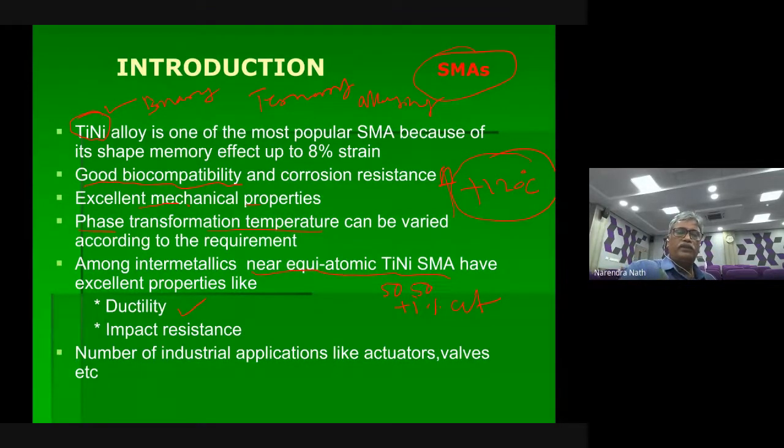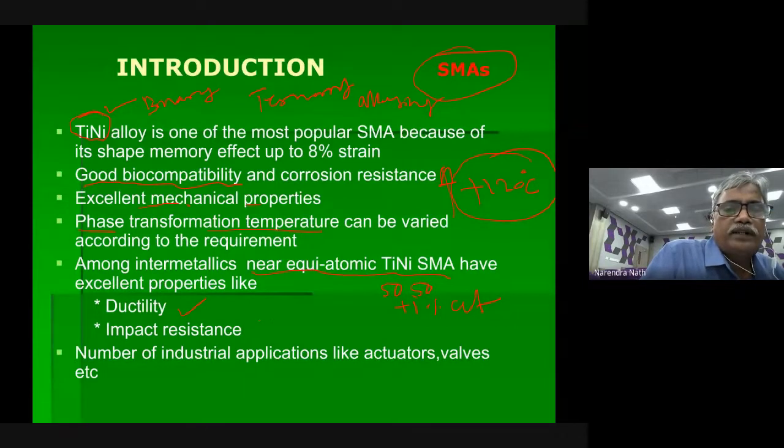This is actually a difficult-to-cut material. Even so, with non-conventional machining, people are working on it, like what we are also doing in our laboratory with wire electrical discharge machining. We got very good results.